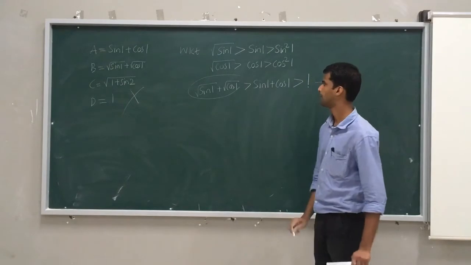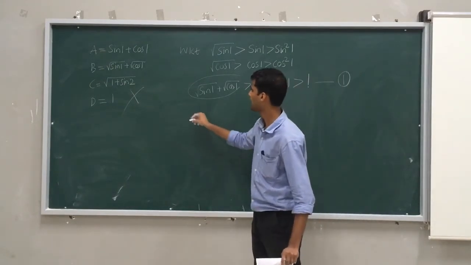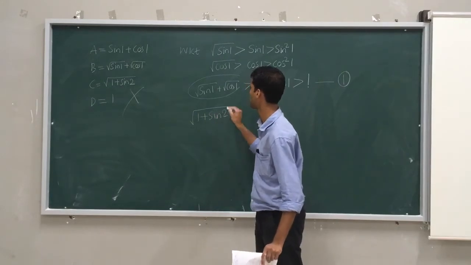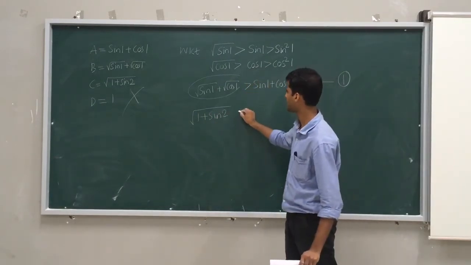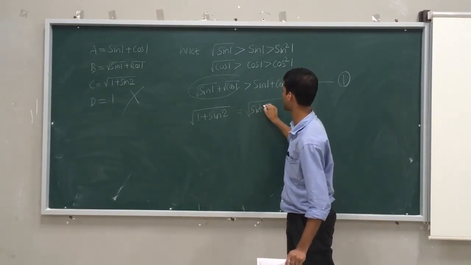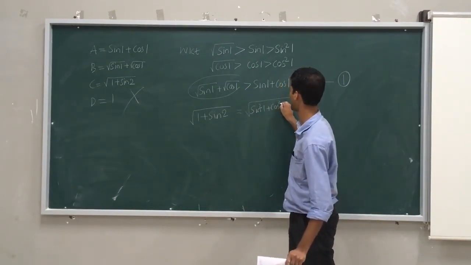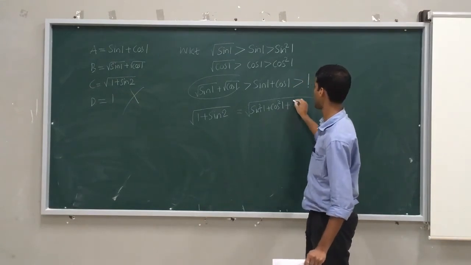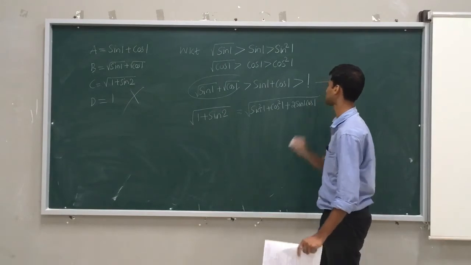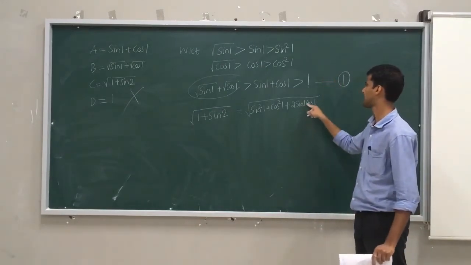Okay. Now I will consider this thing. What will happen with this root? I will express 1 as sin square 1 plus cos square 1. And I will write sin 2 as 2 times sin 1 cos 1, because sin 2 theta is 2 sin theta cos theta.